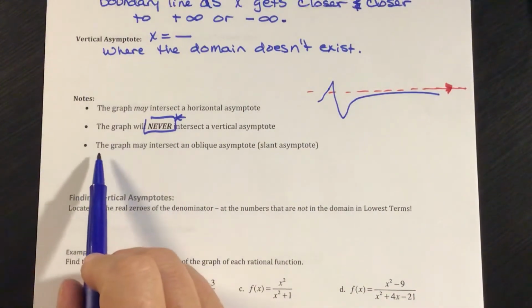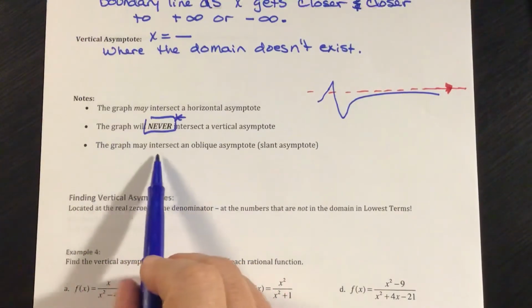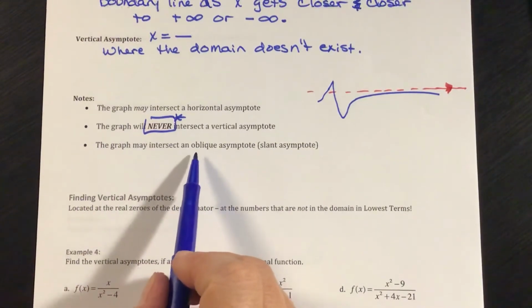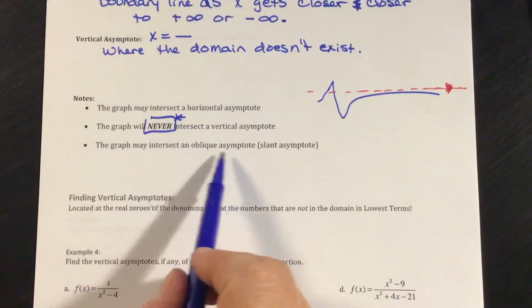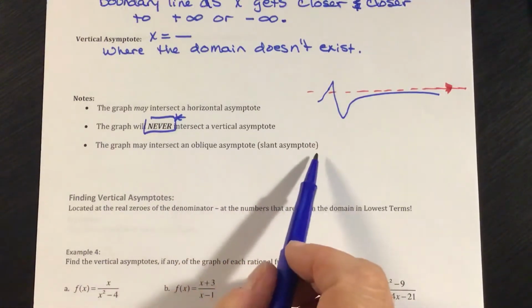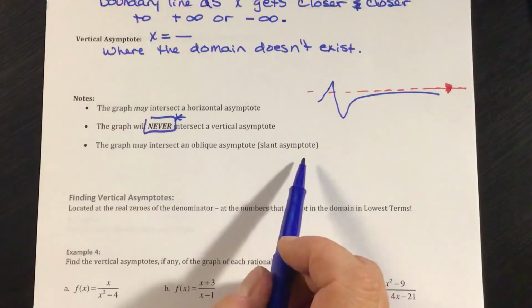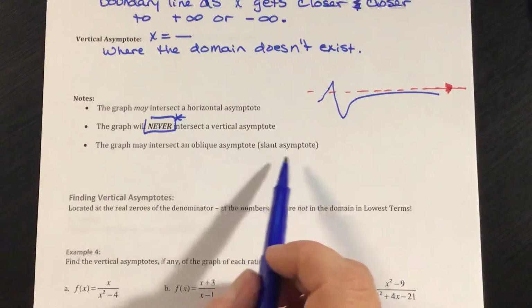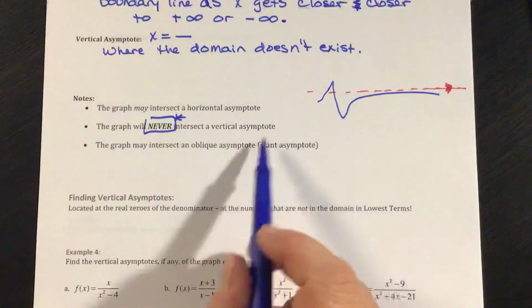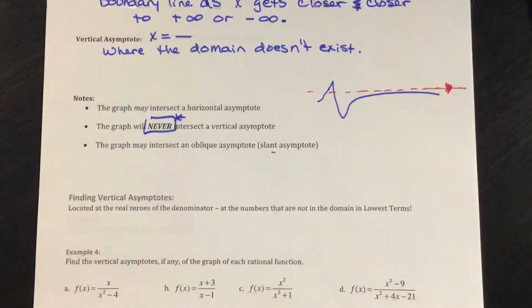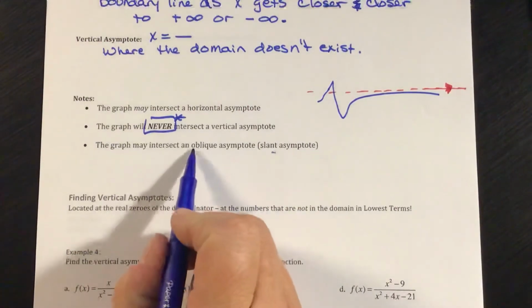And here's another one. It may intersect, and this is a new one we haven't talked about, oblique asymptotes or slant asymptotes. Actually, we did talk about these. These were the asymptotes that we used with hyperbolas, where we had an equation of a line. Okay, so that's one place we will see a slant asymptote. They use the word oblique.